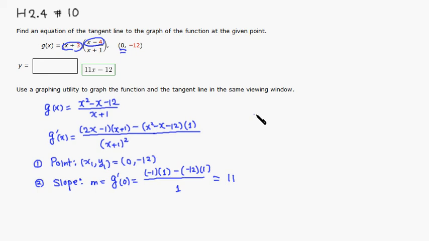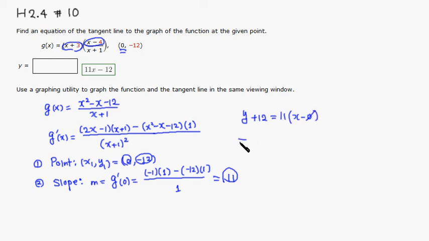So the equation is going to be y minus y1. y1 is negative 12, so it's y plus 12 is equal to 11, the slope, times the quantity x minus x1. x1 is right here, it's actually 0, so there's no point in writing 0.